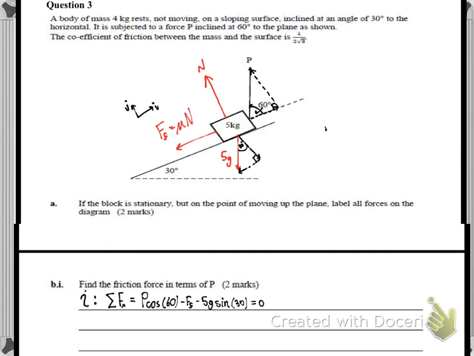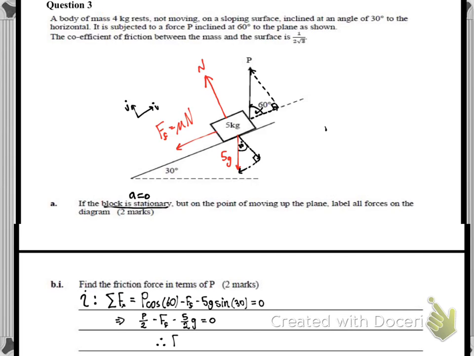Now, because the block is stationary, of course, acceleration is 0. And that's why our equation of motion here is equal to 0, because the sum of forces equals 0 when it's stationary, when it's at equilibrium.